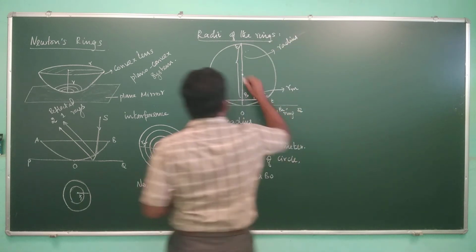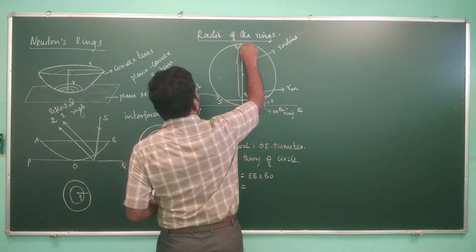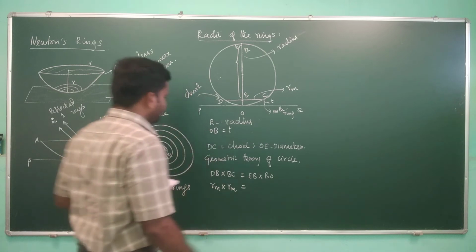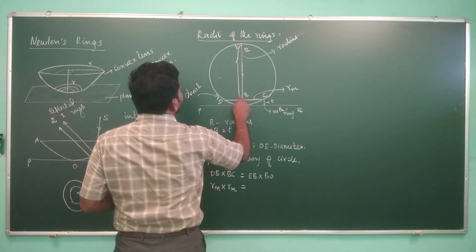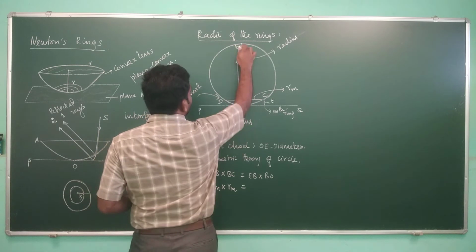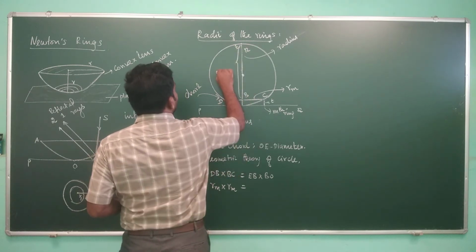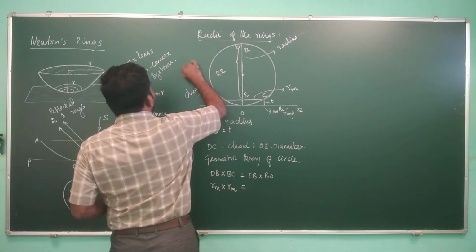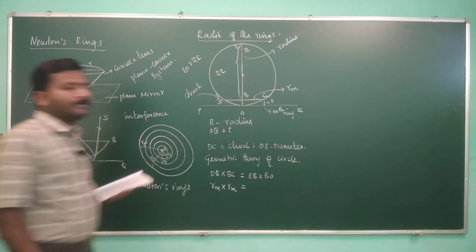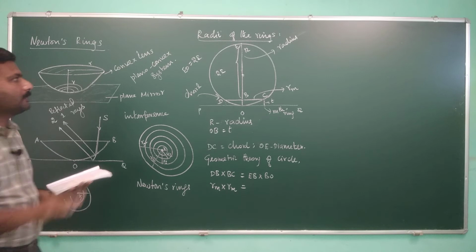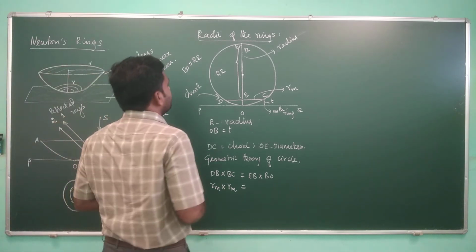If R is the radius, then from this point to this point it is radius R. So EO is 2R if R is the radius. Earlier I said it is the diameter. Sorry, let us assume it is a radius.